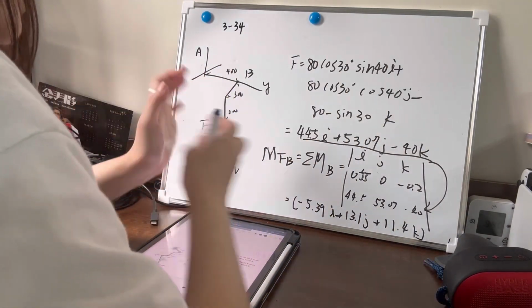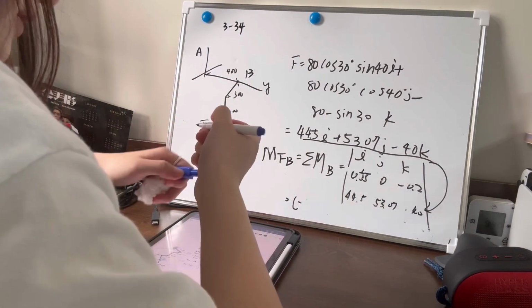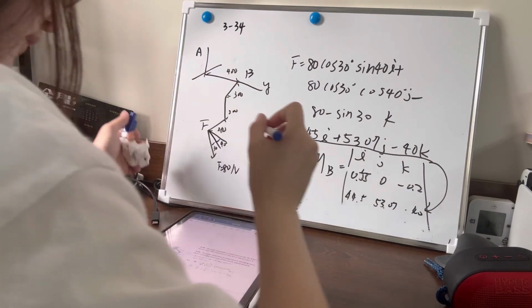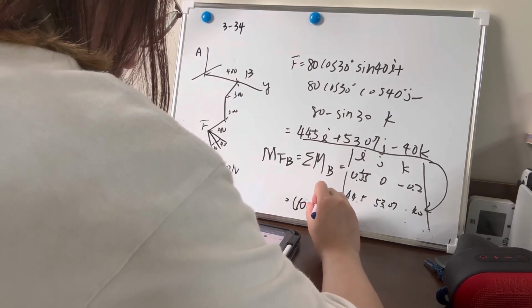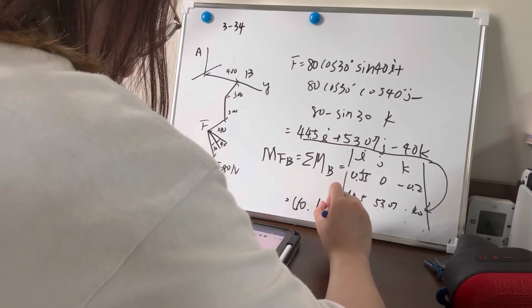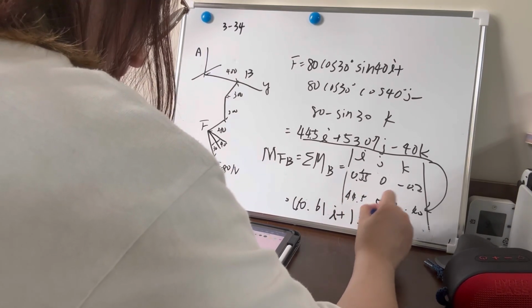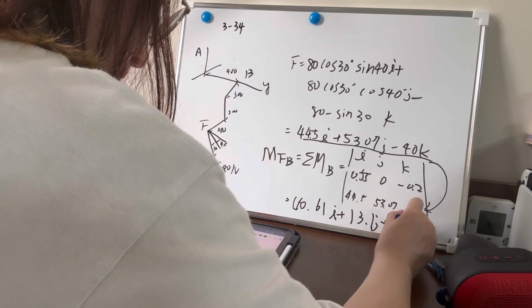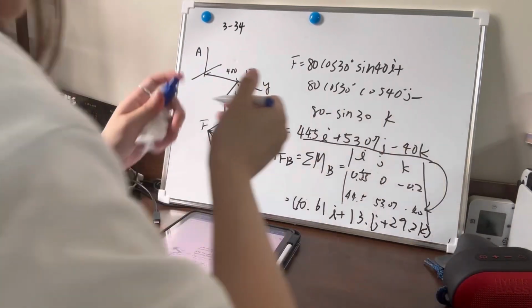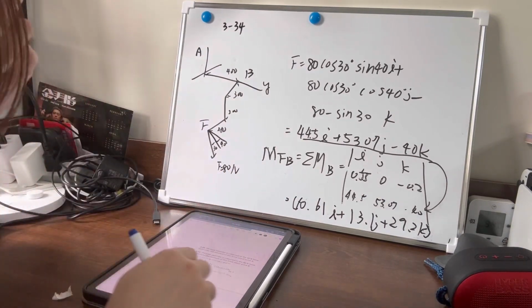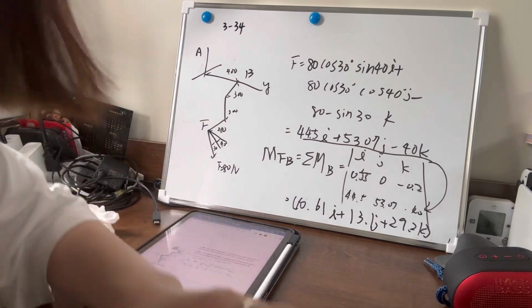So the answer would be 10.61 I plus 13.1 J plus 29.2 K, and is the answer for the 35.